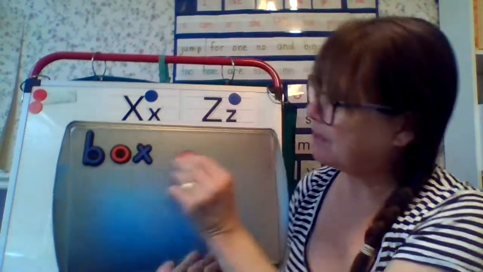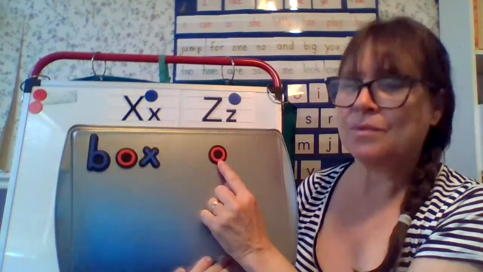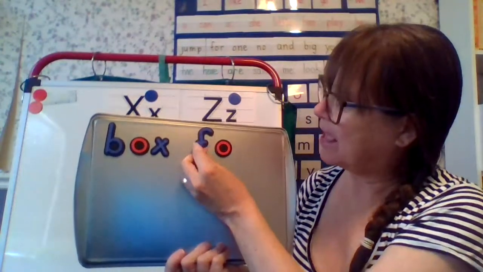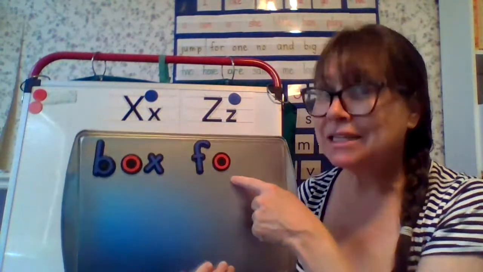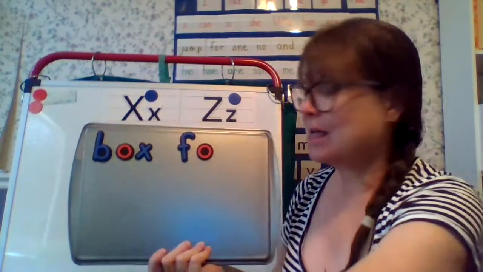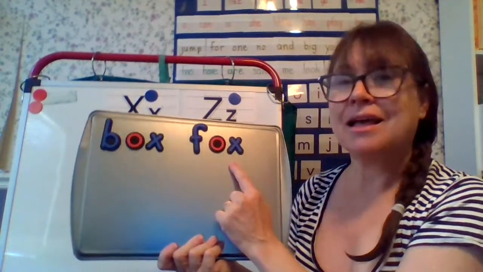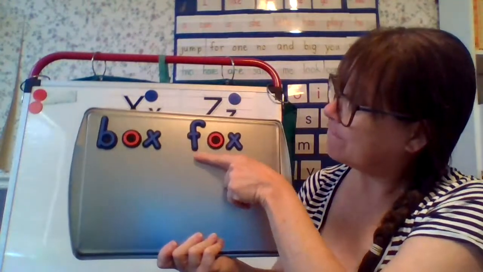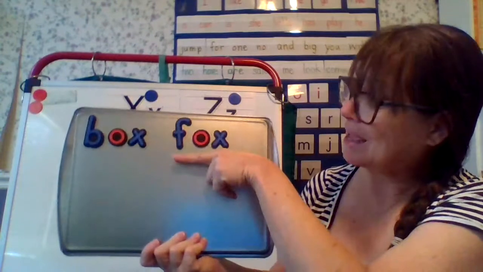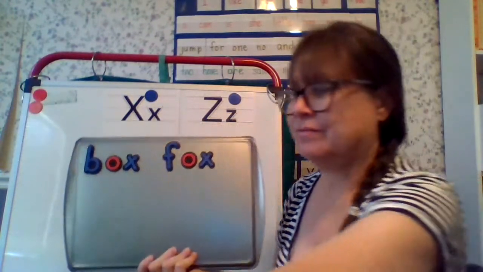Box. Same thing here. What sound? Ah. So now when I add my F, I'm going to blend those two sounds together. Fa, x, fox. We have box and fox.